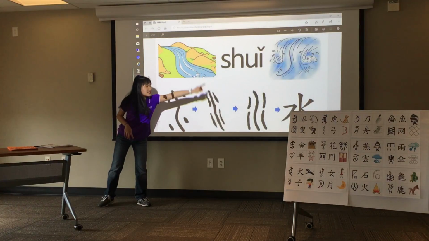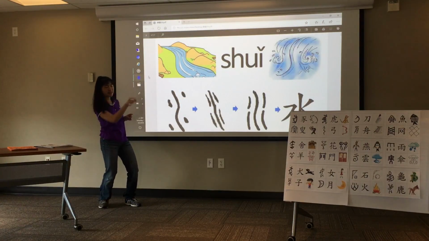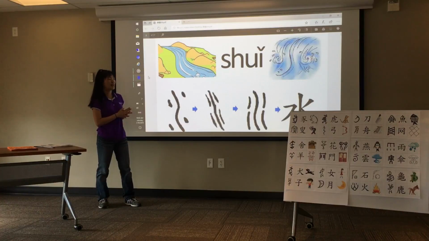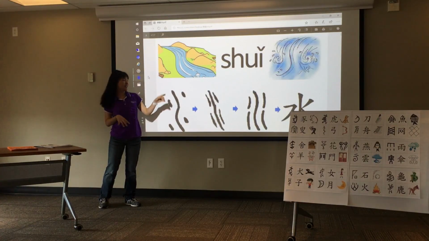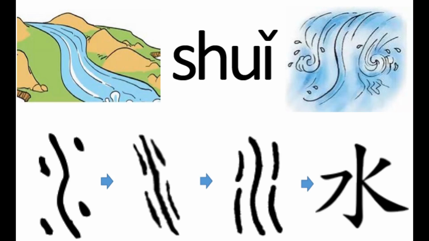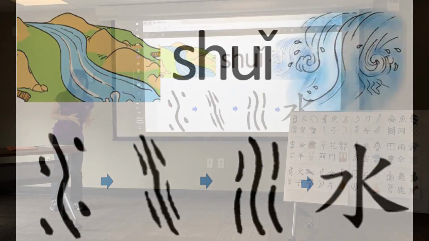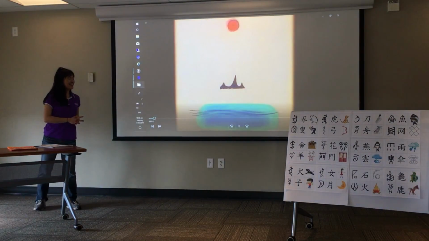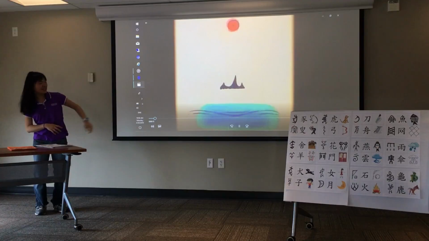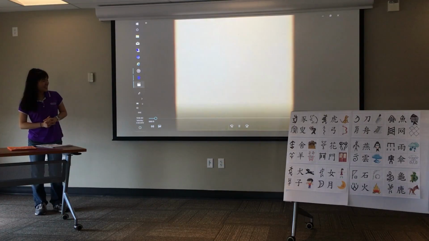And over time, you can still see that flowy shape, except it's now straightened, so it's simplified, and there's 4 splatters of water over there. So this is the word for water, and it's pronounced shui. Repeat after me. Shui. Shui.